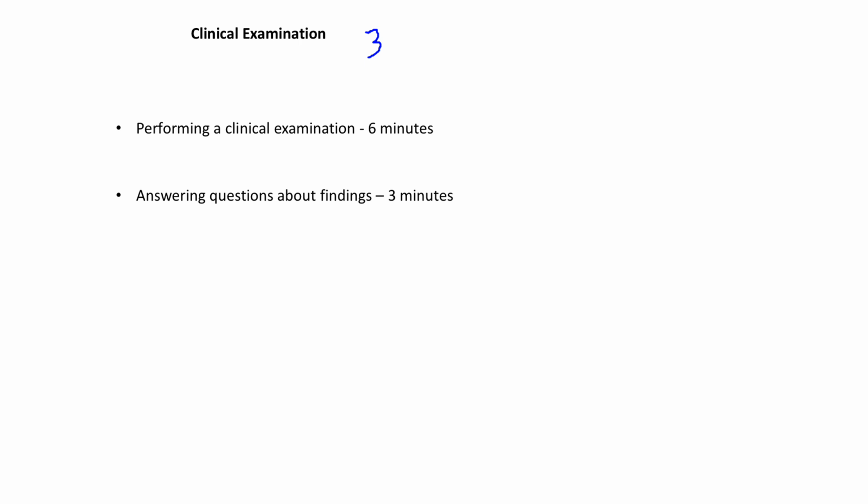In these stations in the UK, there are no real patients these days, only simulated patients, and sometimes they may have pathology, but they are not real patients.